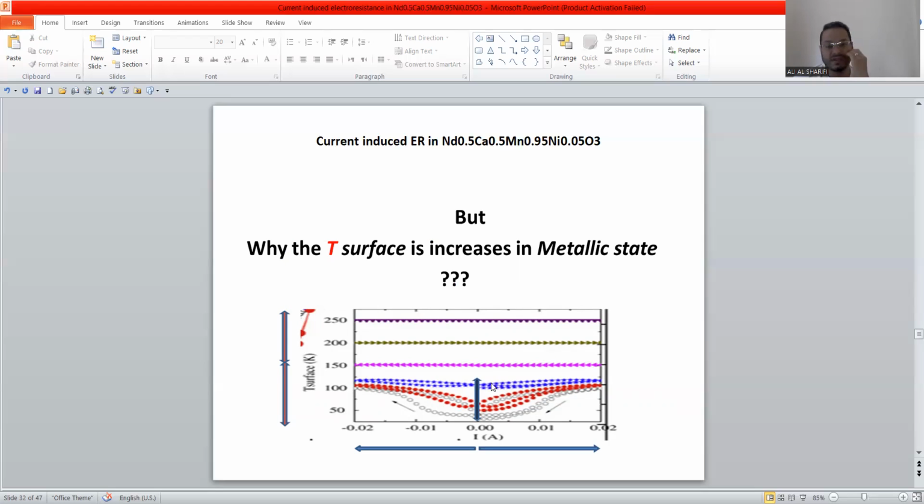Maybe you can find it in another article. Rebello didn't explain why the T surface is increasing in the metallic state, for example from 0 to 20 milliampere to reach 100 Kelvin or maybe more.